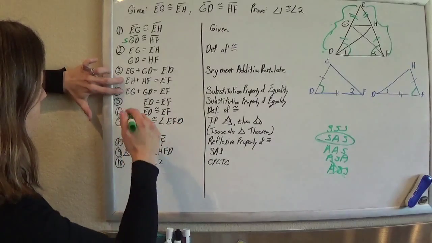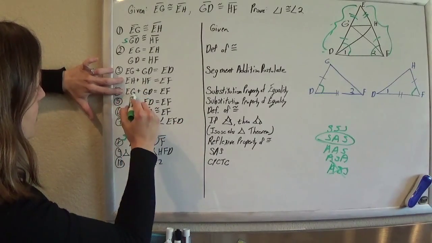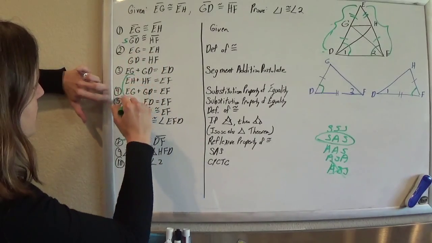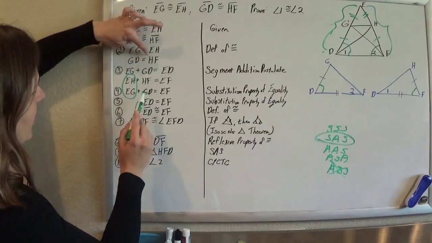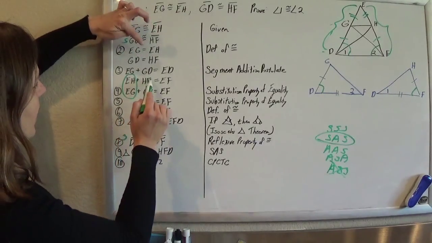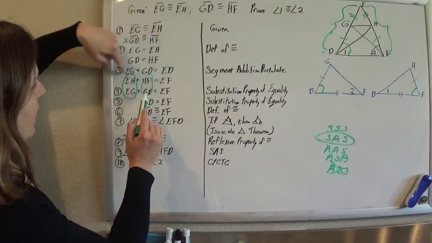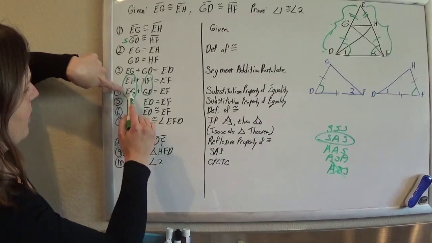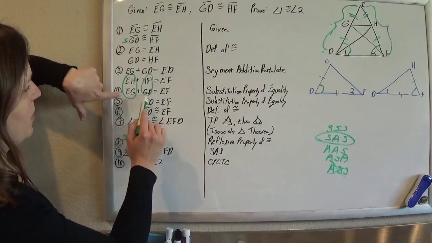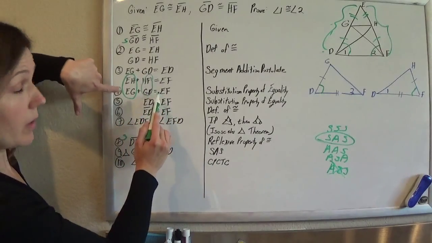So I step through it this way. I said that EH is equal to EG, right? I said that there, so I can substitute that. And since HF is equal to GD, I can substitute that. So if that equals that, and that equals that, then EG plus GD equals EF.